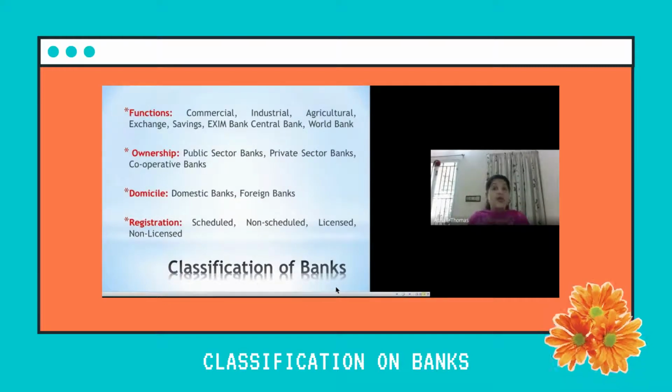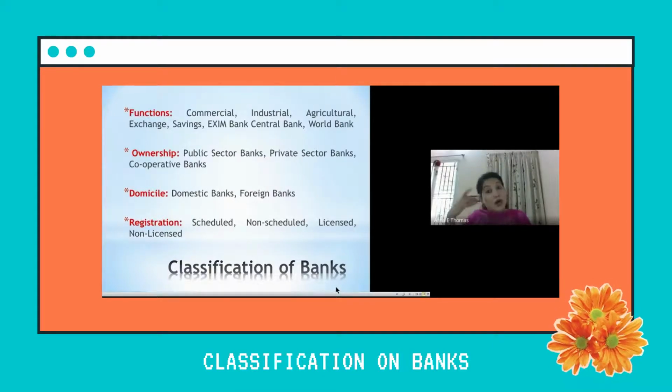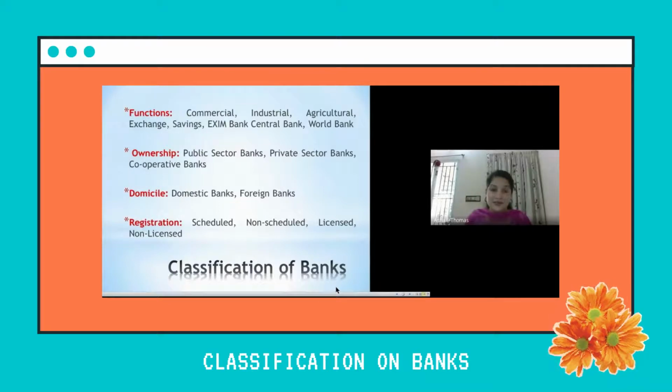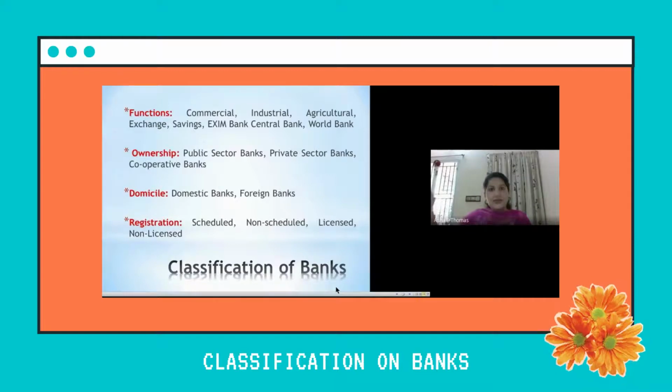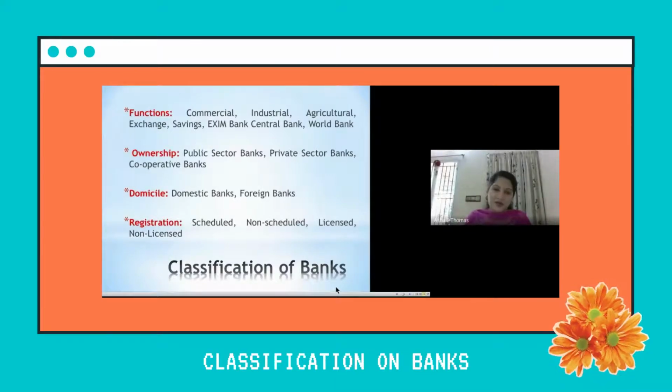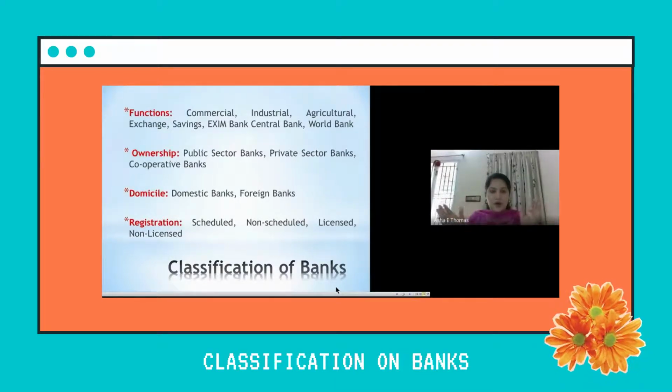And of course, if they do not have such an arrangement, if they do not have a locker chest to keep the money, they will arrange it for the customers by collaborating with their other branches or other banks in many cases. So that also may be rendered as a separate department. We may not find a separate entity for rendering that function. Right. So that's about the classification of banks based on functions.